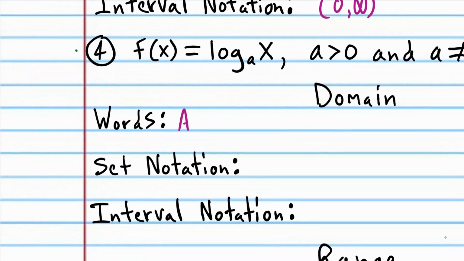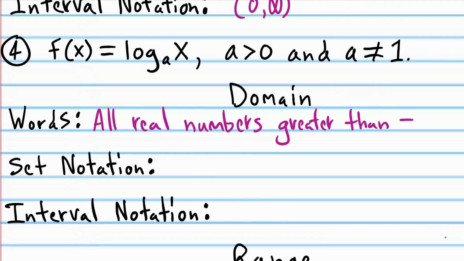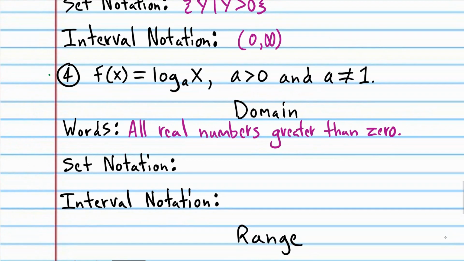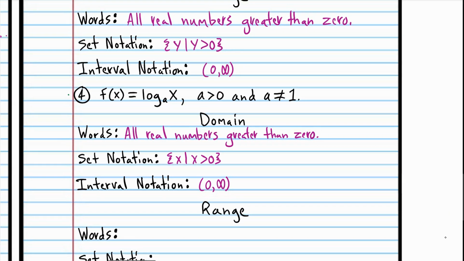If you got that right, good. And in set notation, we say the set of all x values such that x is greater than 0. And in interval notation, we say 0, infinity with parentheses.